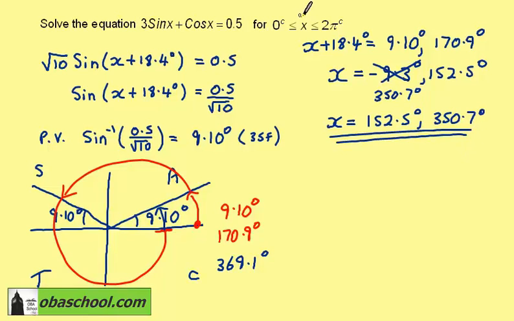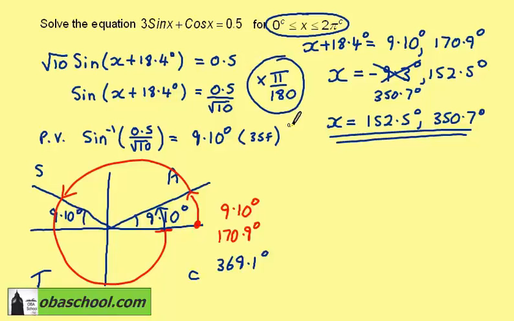However, we want to give these solutions in radians. To convert degrees to radians, we multiply by pi and divide by 180. So we're going to need to do 152.5 times pi over 180 and 350.7 times pi over 180.